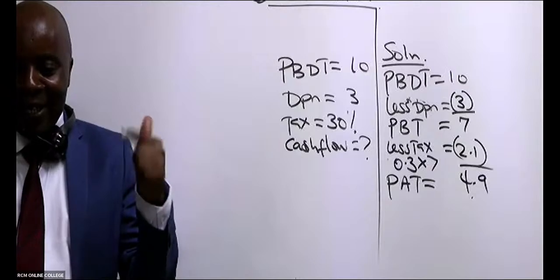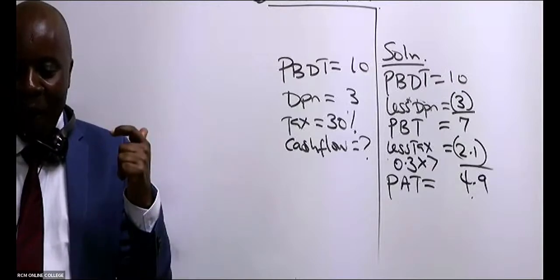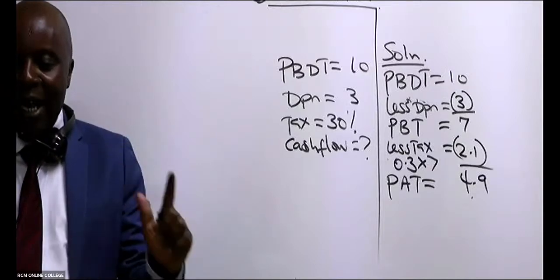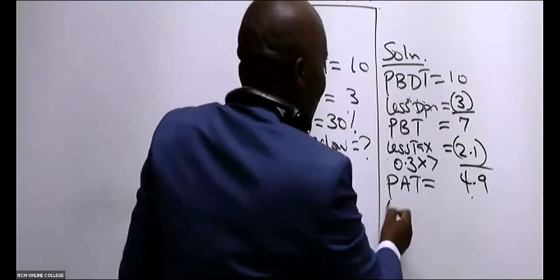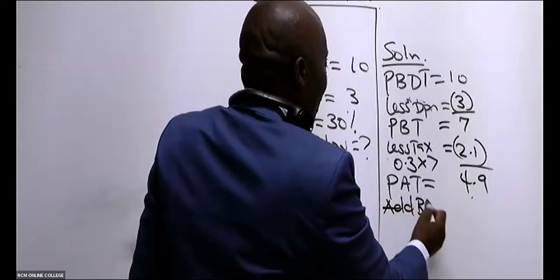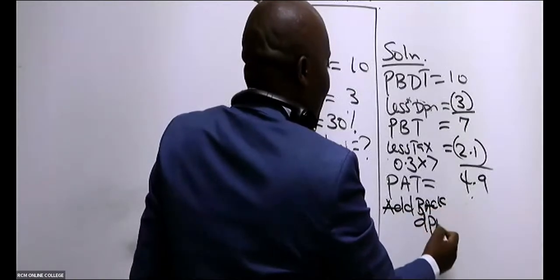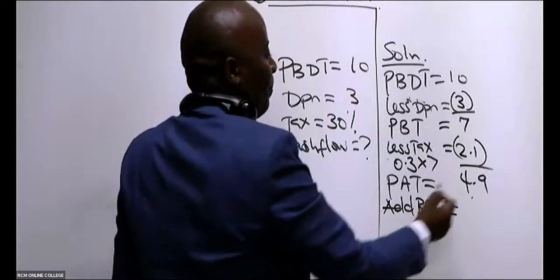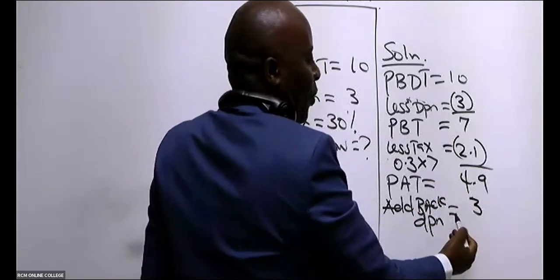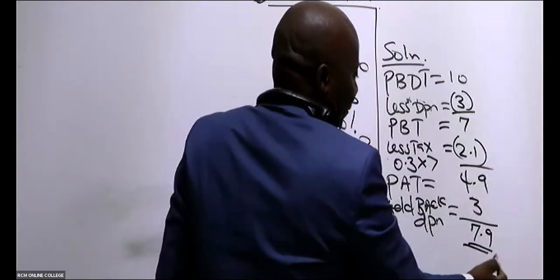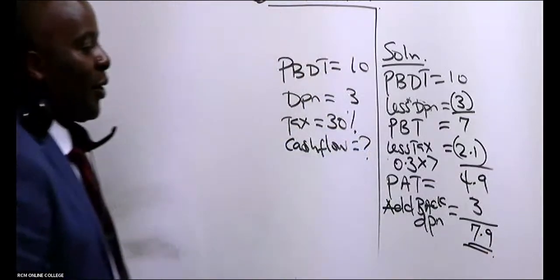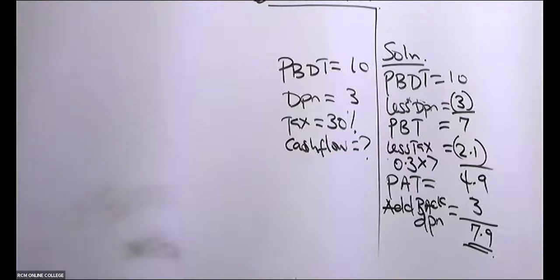We shall add back the non-cash items. So add back depreciation. Over how much here, somebody? 3. Which will end up giving us what figure here? 7.9, isn't it? So this will end up giving us 7.9.